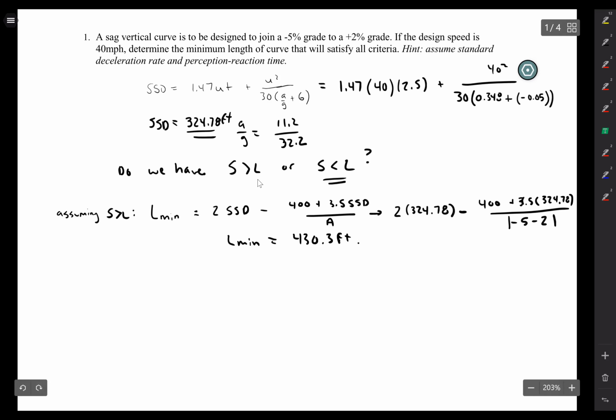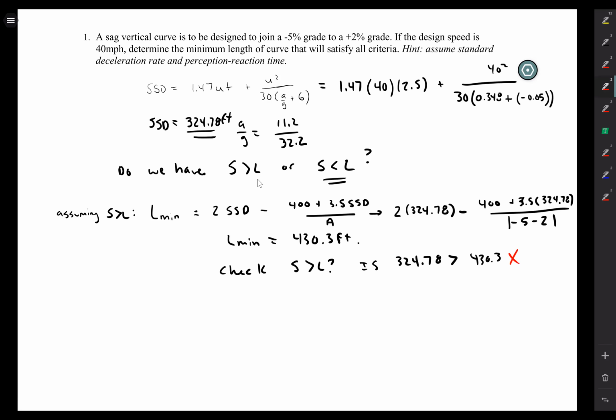So I need to check that S is greater than L. So is 324.78 greater than 430.3? Obviously not. So it doesn't meet the criteria.